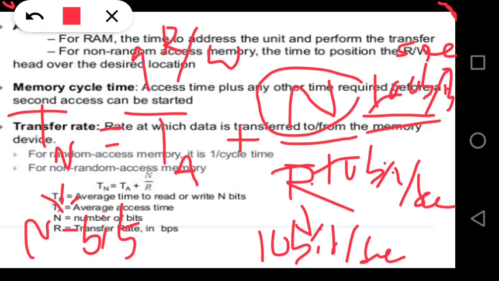So this is called the average time to read and write n bits. This is for the case of non-random access memory.